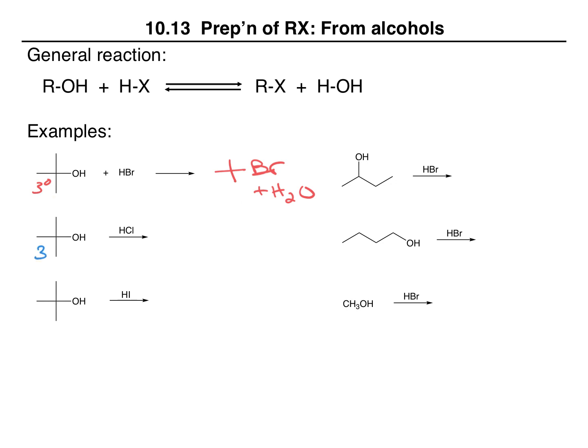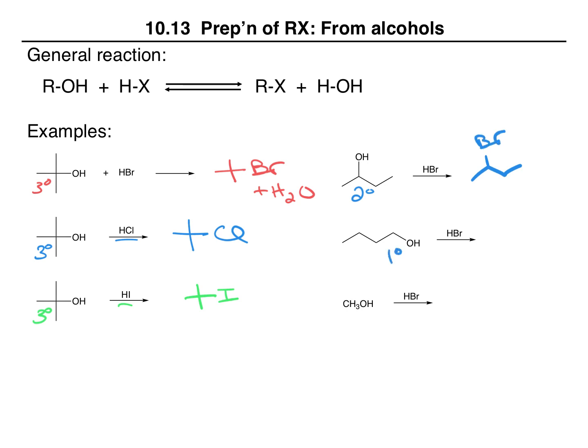Our tertiary alcohol could also be treated with HCl, and this is a way to make a tertiary chloride. And our tertiary alcohol could be treated with HI to give a tertiary iodide. These reactions can also be carried out on a secondary alcohol, which can be converted to an alkyl halide.